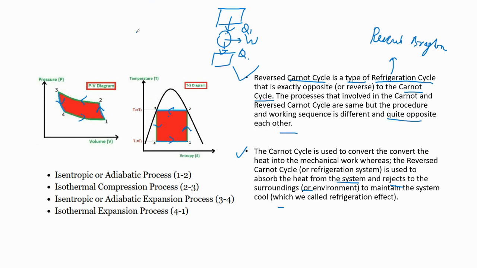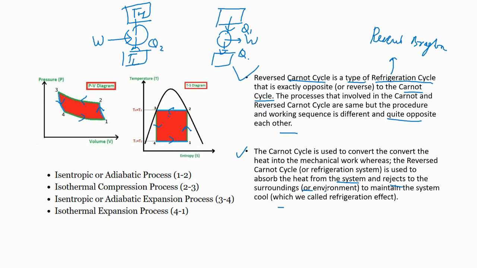Suppose it takes the heat from a system which is at temperature TL, and it rejects the heat to a surrounding which is at temperature TH, and by doing so it needs some work.